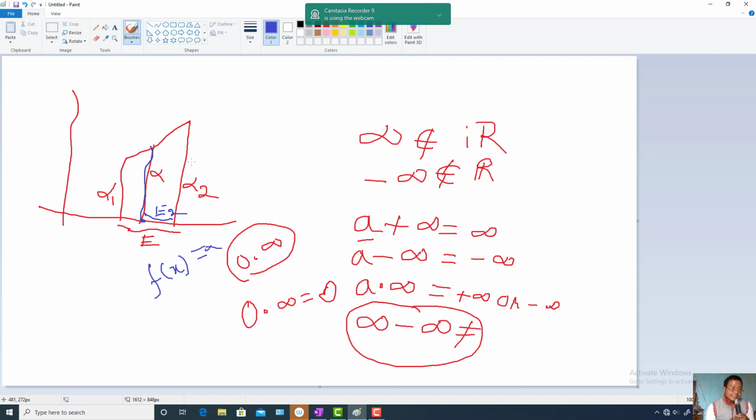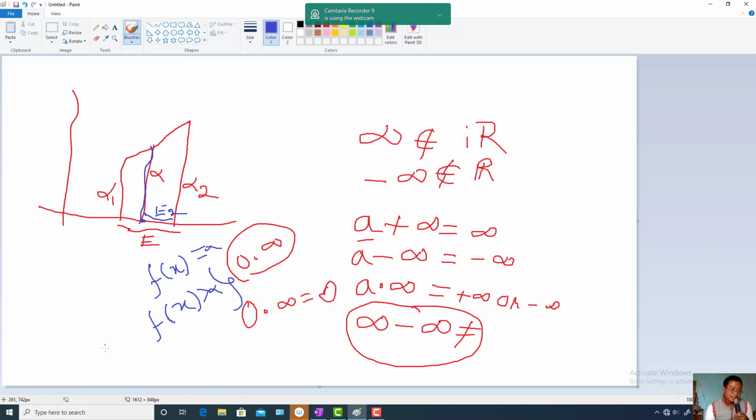From the picture it is very clear. If you take x somewhere here, then f of x will always be greater than alpha. So if you take alpha, f of x is strictly greater than alpha.